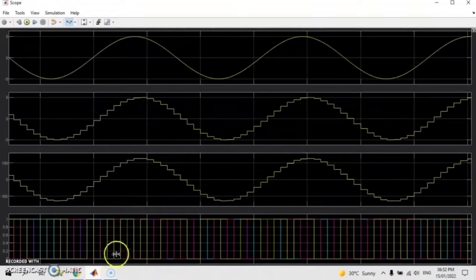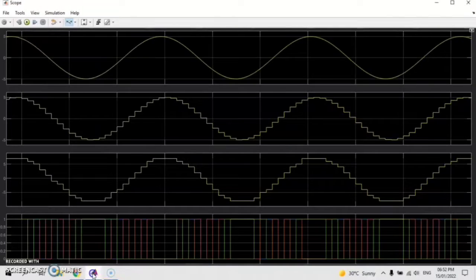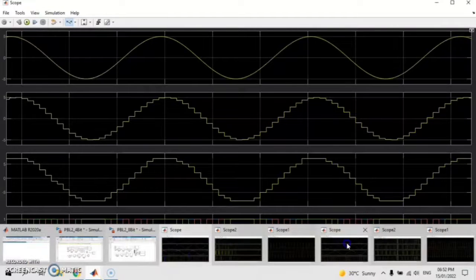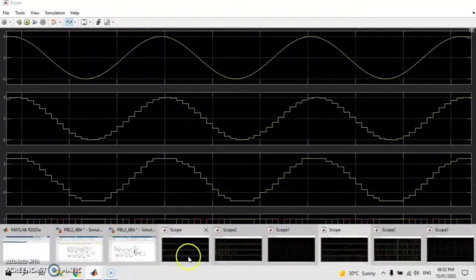We can see here there is not much difference in the signal.